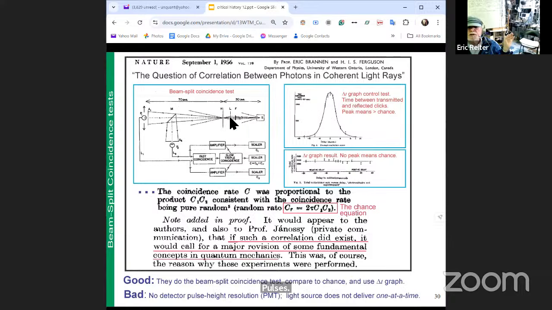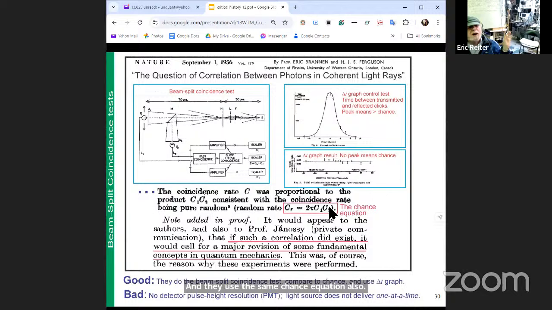They'll insert here a test pulse that will create coincidences, and you see this great big peak that says it goes both ways. But when they do the real experiment where they dim it down, they get this band of noise in the time difference, this delta T graph, the time difference histogram. And they use the same chance equation also.